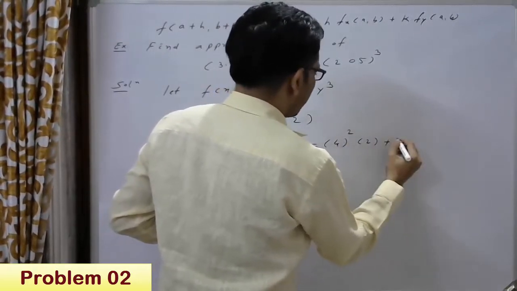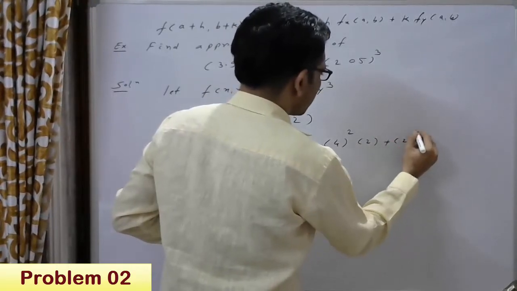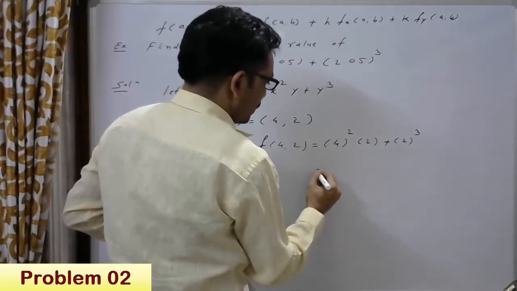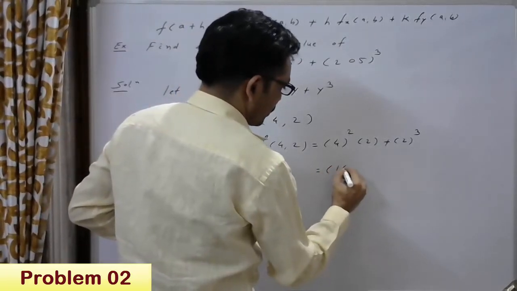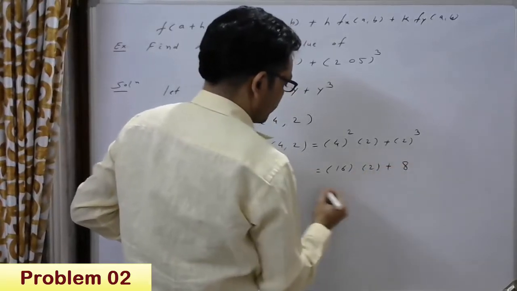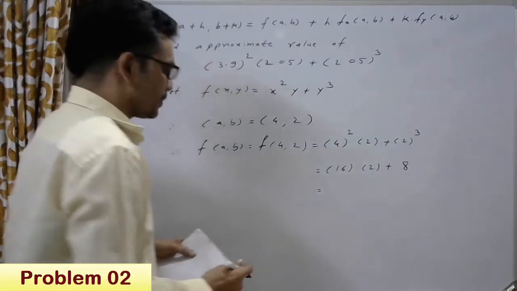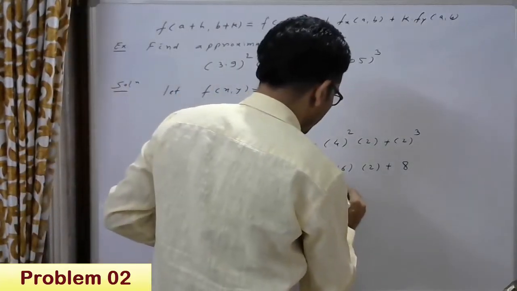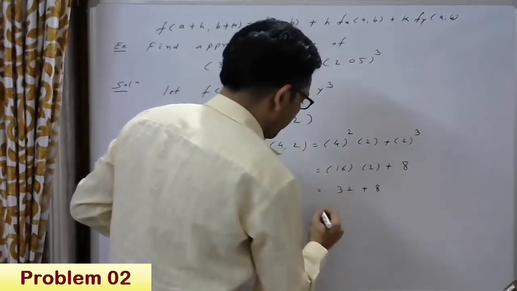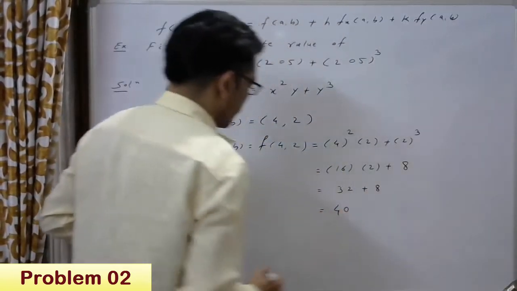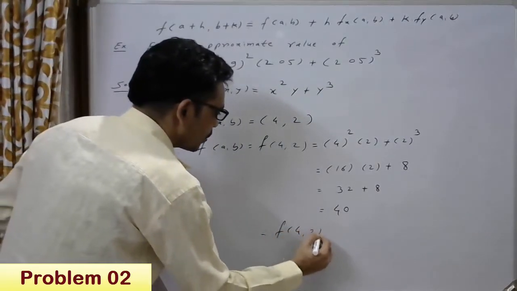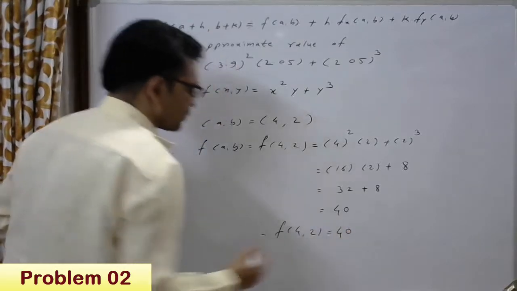Therefore, we write 4² into 2 plus 2³, which is equal to 16 into 2 plus 8, which is 32 plus 8, which is equal to 40. Therefore, the value of f(4,2) is equal to 40.